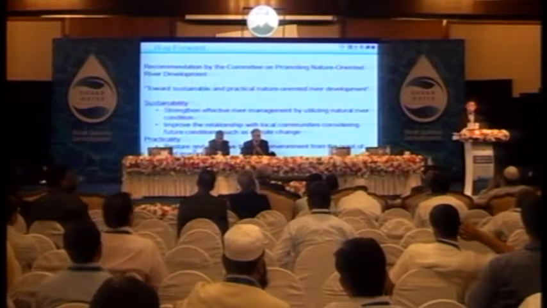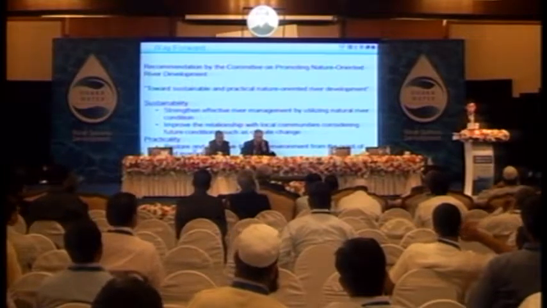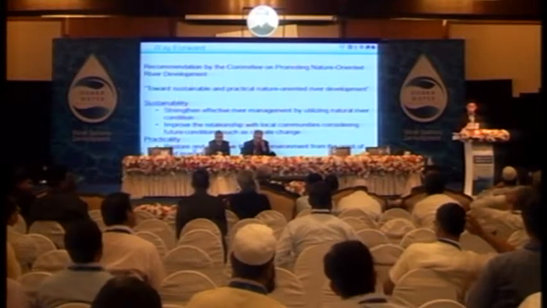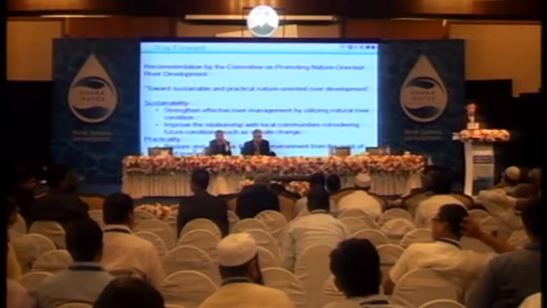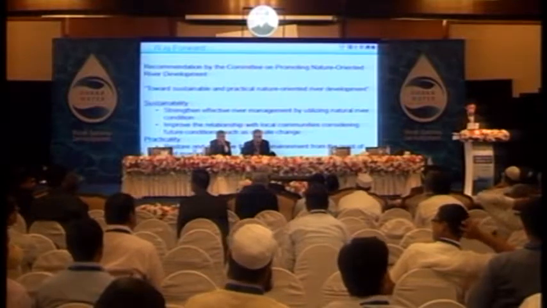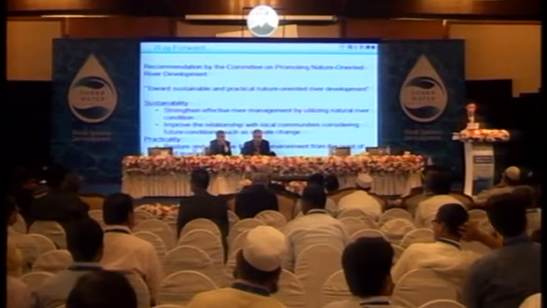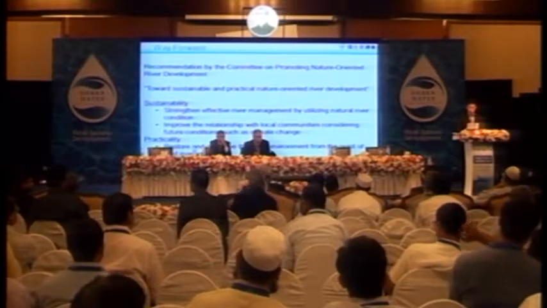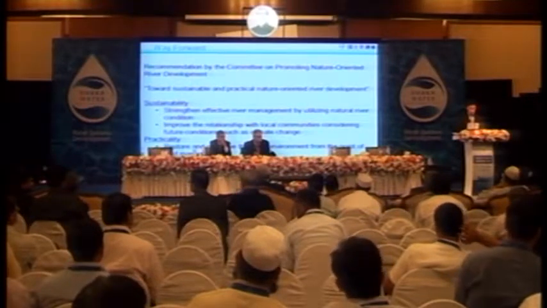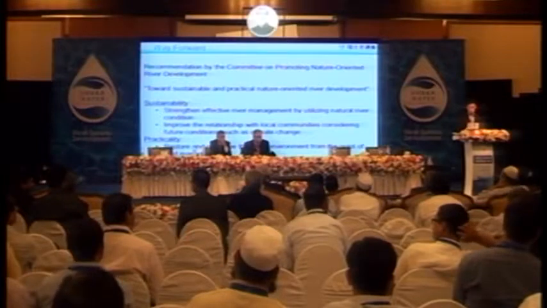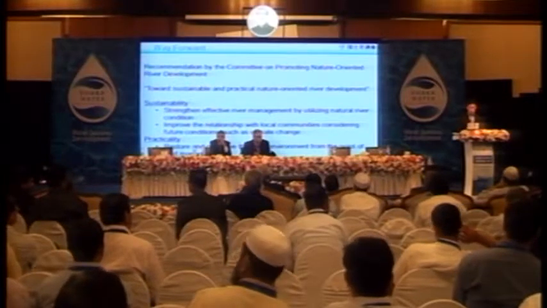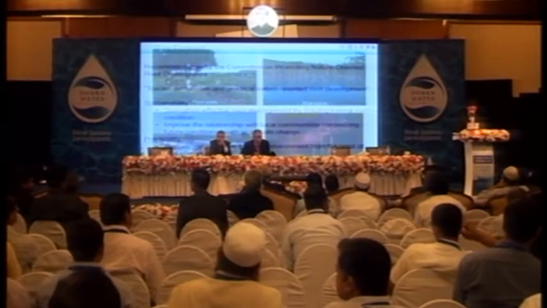These good practices are all done by the effort between the government and local people. And regarding practicality, restore and conserve the river environment from the point of field management. And lastly, apply lessons learned to the next case because the natural environment has large uncertainty.